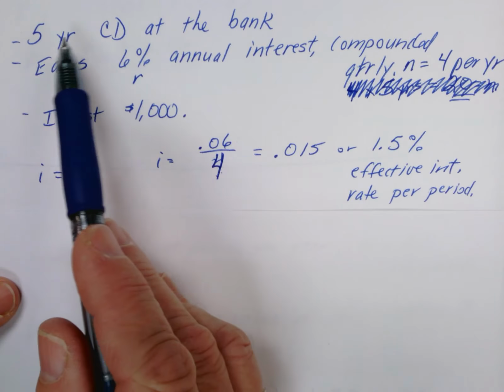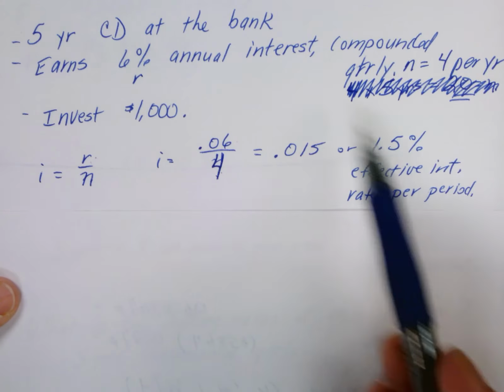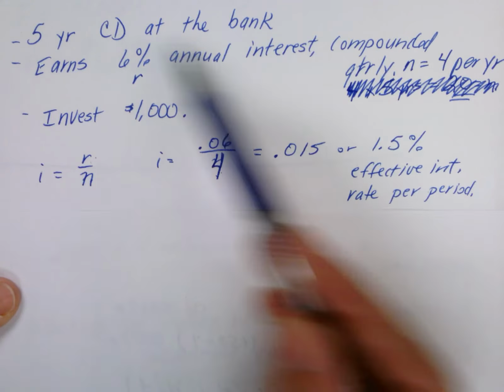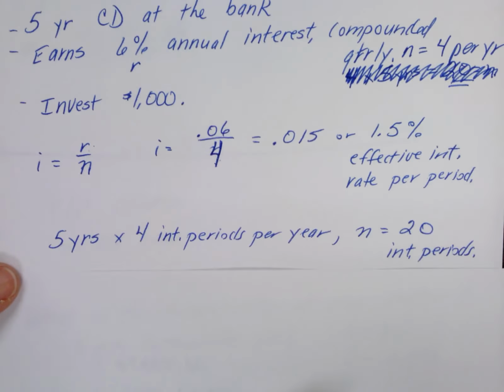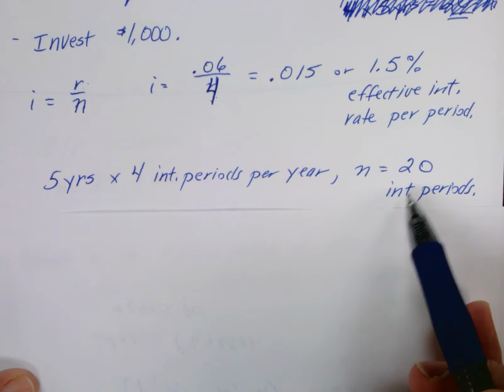This is a 5-year investment, so we'll actually be earning 1.5% interest rate for 20 quarters, 5 years times 4 quarters per year. So our N, interest periods for the whole investment project, is 20.